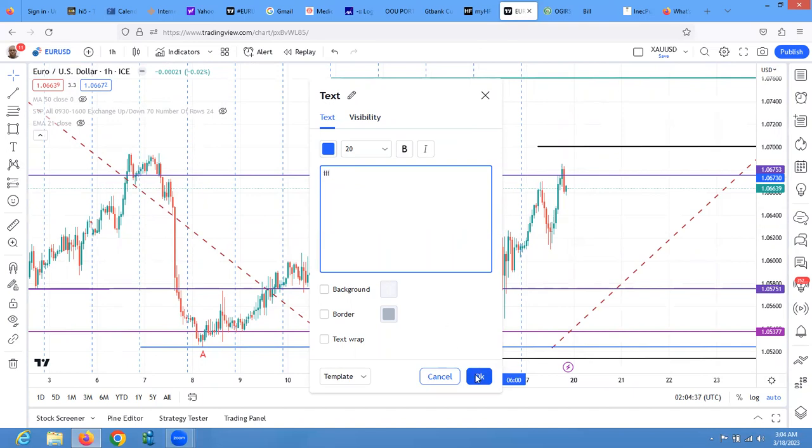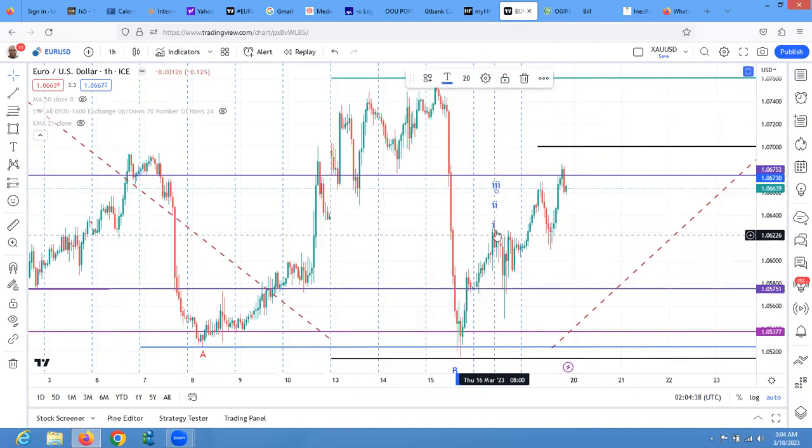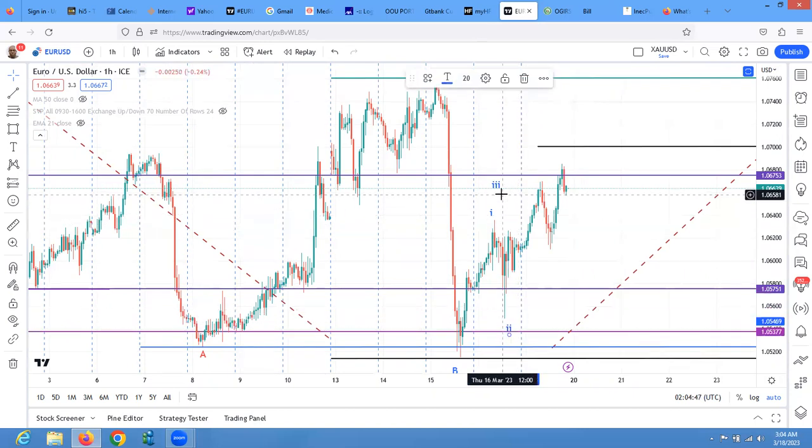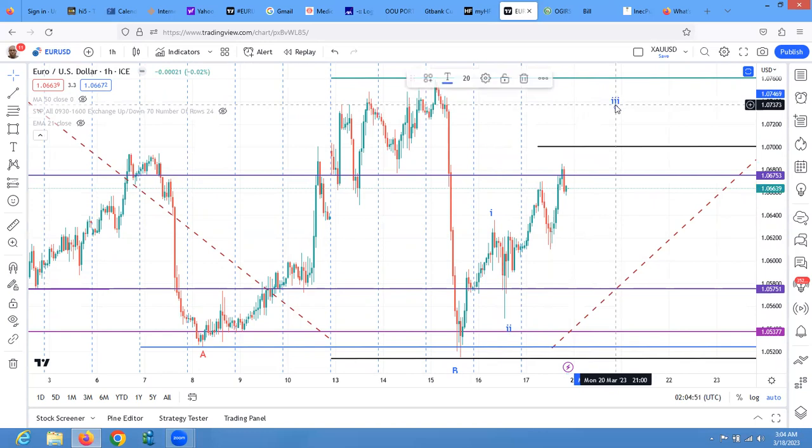So I don't want to do more than that. So let me preempt price. This is a 1 and a 2. We're in the middle of trying to do a 3.